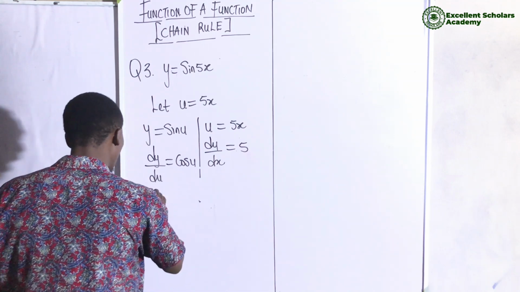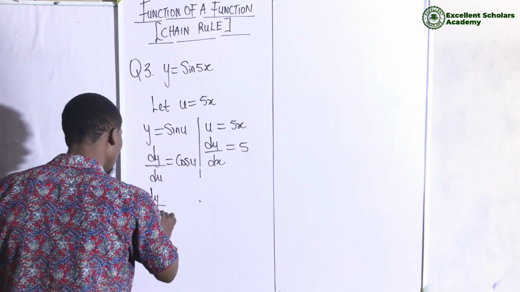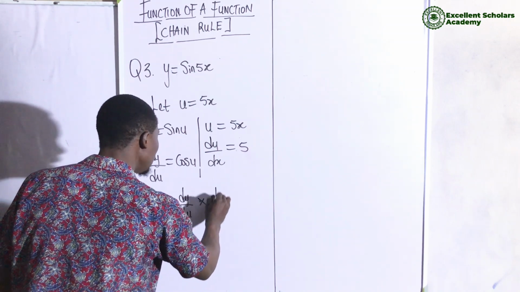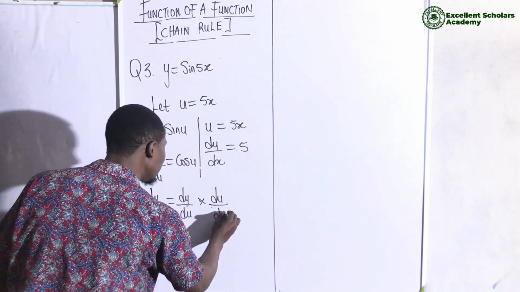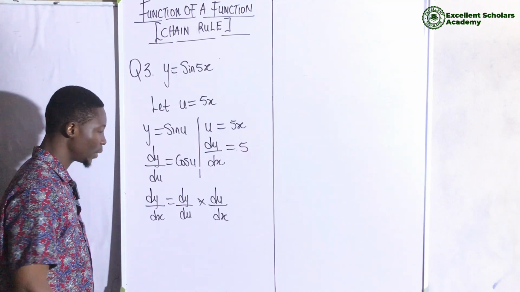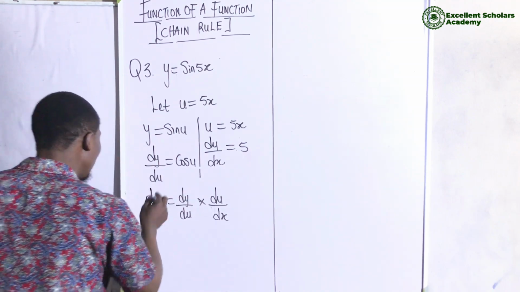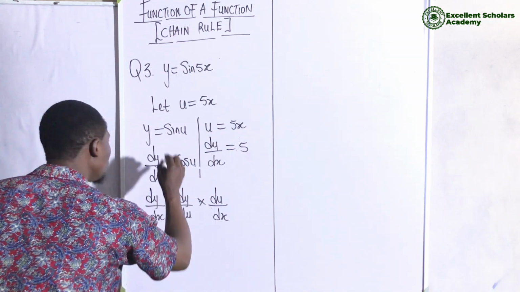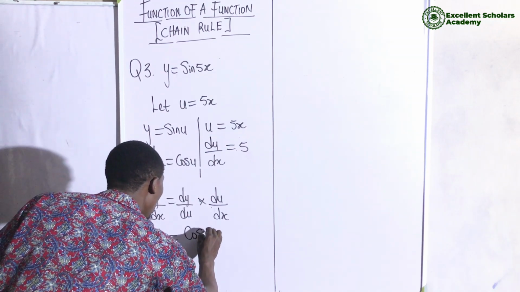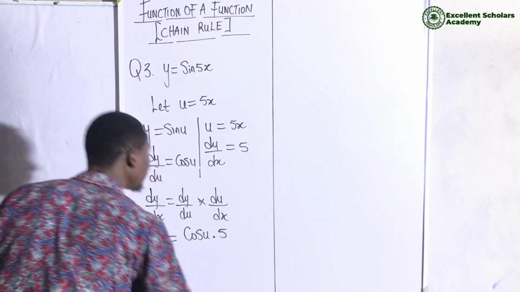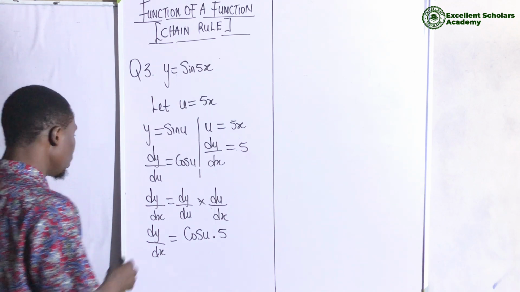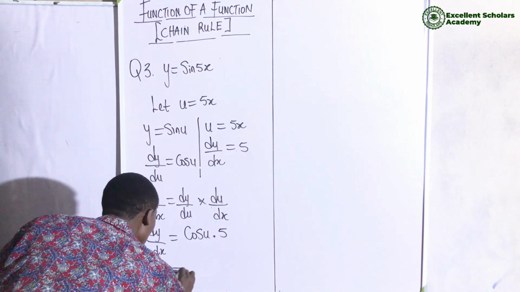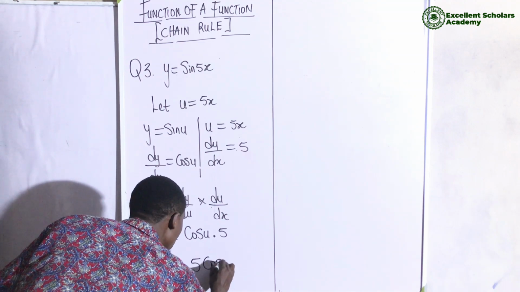Now finally, our dy dx is going to be equal to dy du times du dx. So that implies that our dy dx is going to be equal to cos u multiplied by 5. So now our dy dx is going to be equal to 5 cos u.